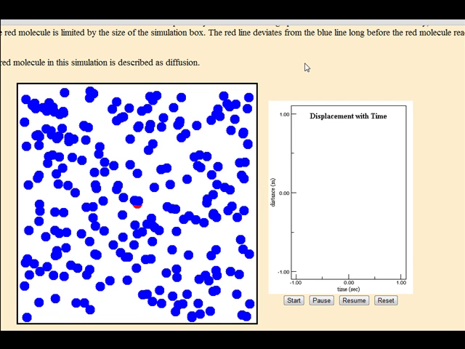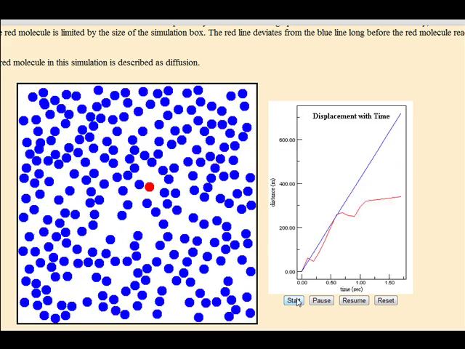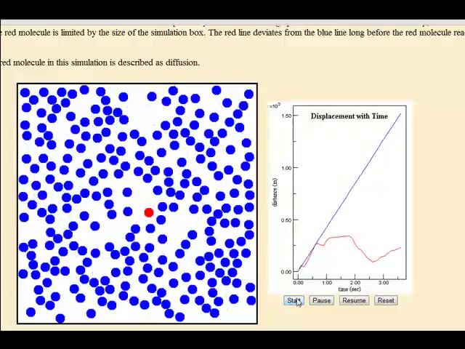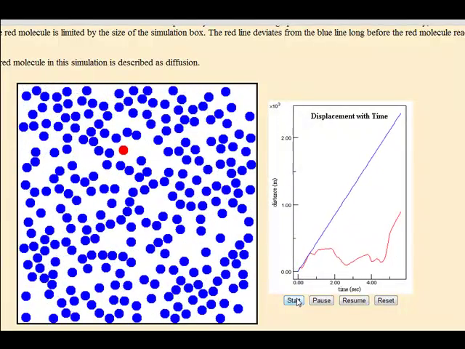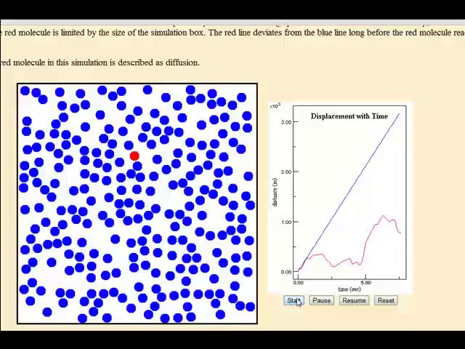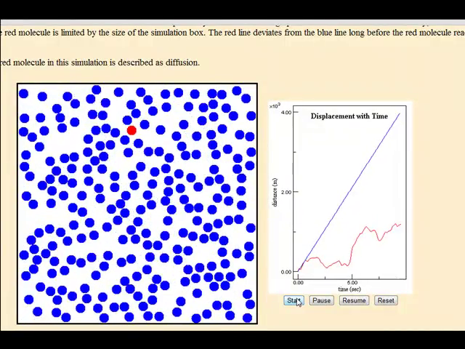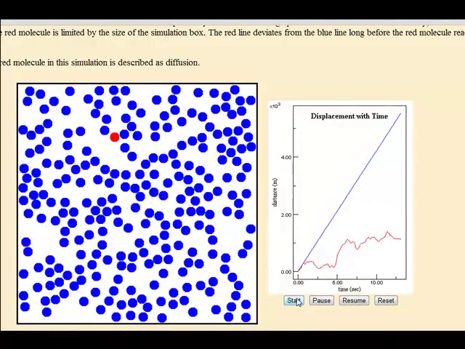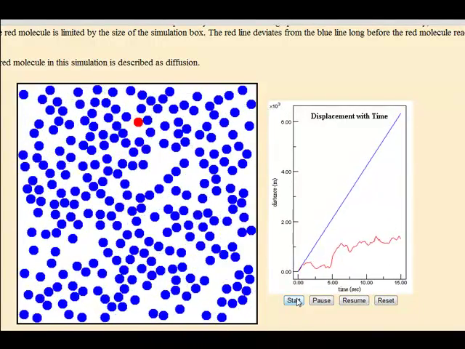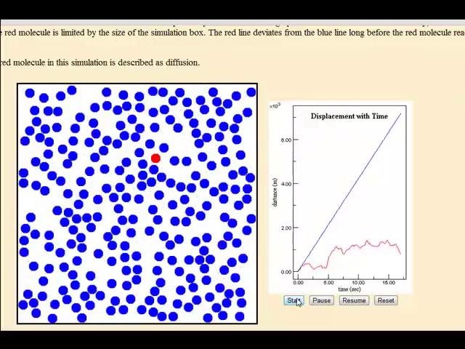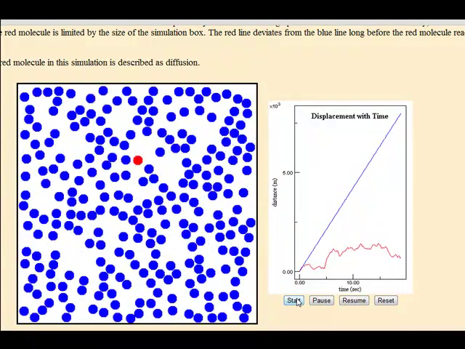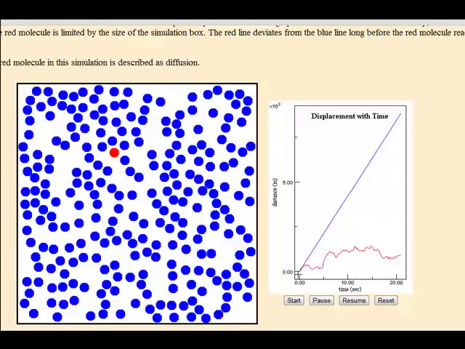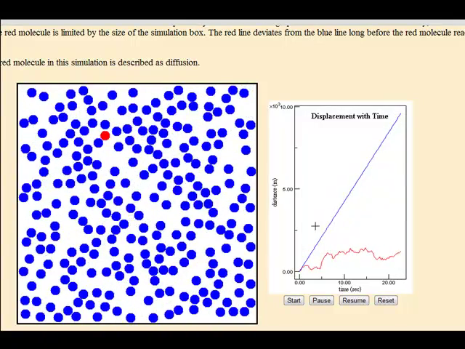So let's talk about the gas particles diffusing. So here is my red dot, and we're just going to follow the red gas particle in this simulation. Remember that the gas particles are supposed to be moving very, very fast. The total distance that the red gas particle travels is represented in this blue line.